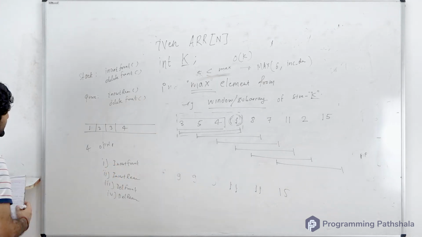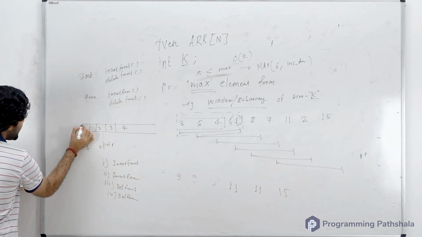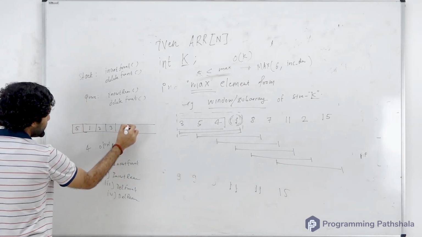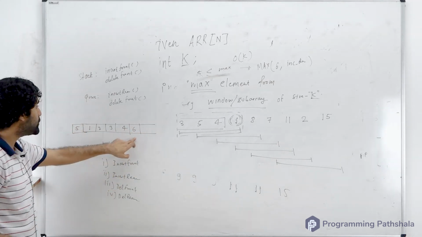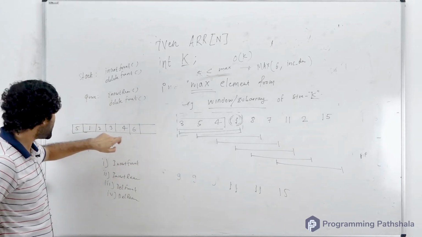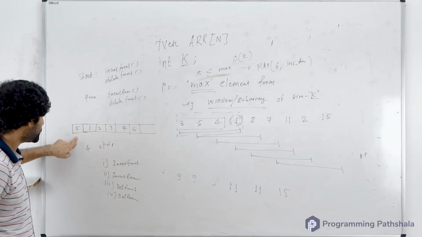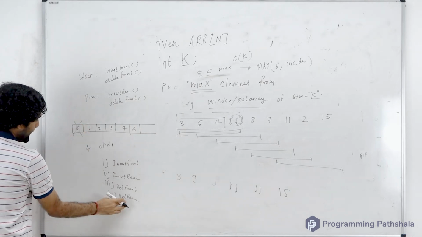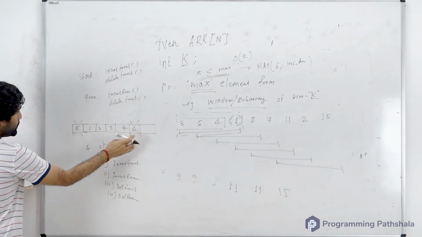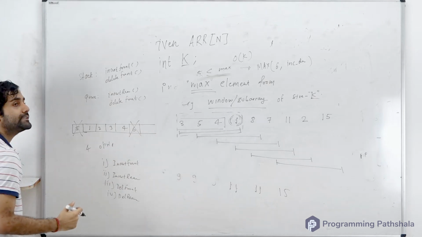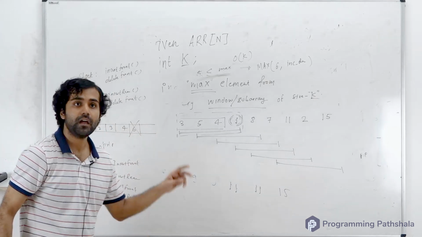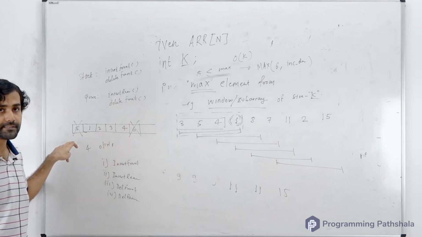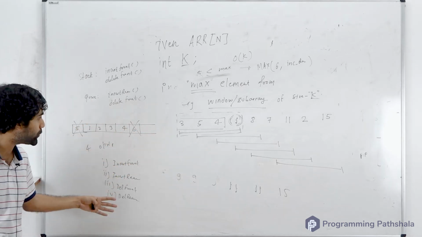Insert front means that I can insert anything at, let's say, this end, and insert rear means that I can insert anything at this end. I was able to insert at this end using a queue also, but I was not able to insert something at this end using a queue. Similarly, delete front means I can delete something from here, and delete rear means I can delete something from here. So both the ends are open for insertion as well as deletion. I repeat, both the ends are open for insertion as well as deletion. 2 ends, 2 distinct operations, so 4 total operations.